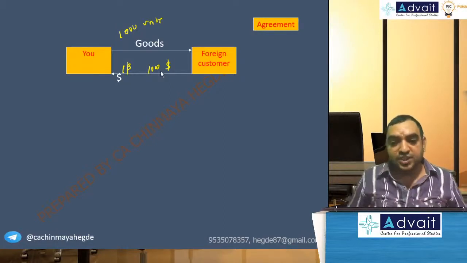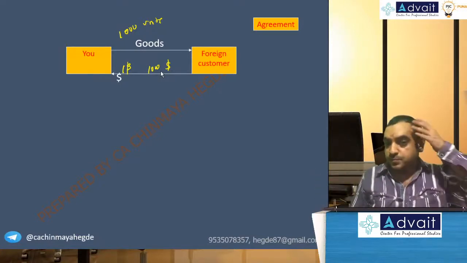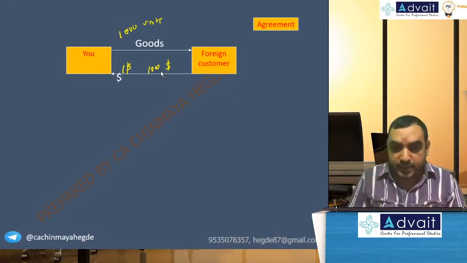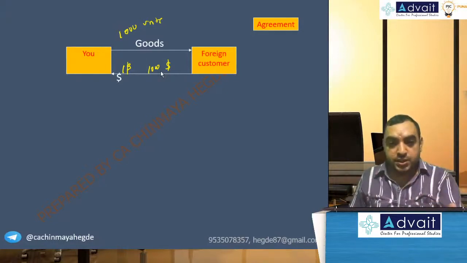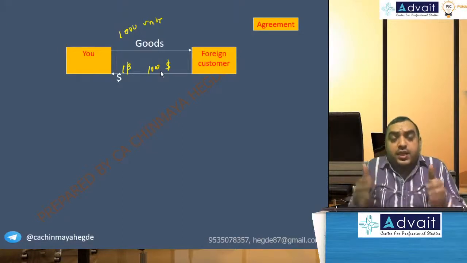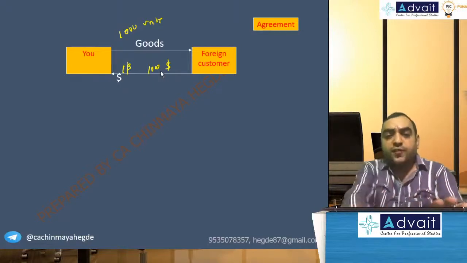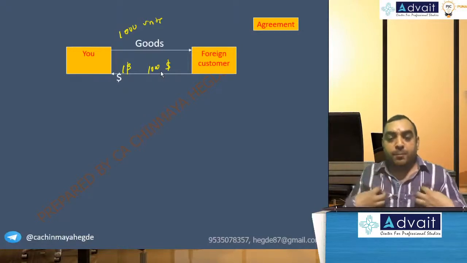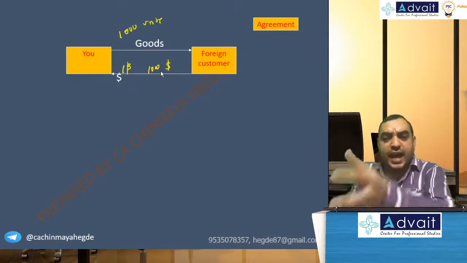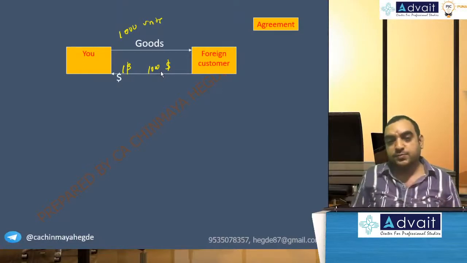In a way, we have had this contract. I'll come to it. Hold on. I'll answer that point later. My agreement is, I'm selling goods and I'm getting dollars. That's all the contract. I'm entering into an agreement to sell the goods where I receive dollars. From my side, the goods will be going out after 6 months and the dollars will come to me after 6 months.